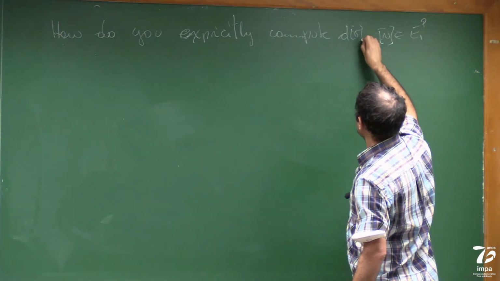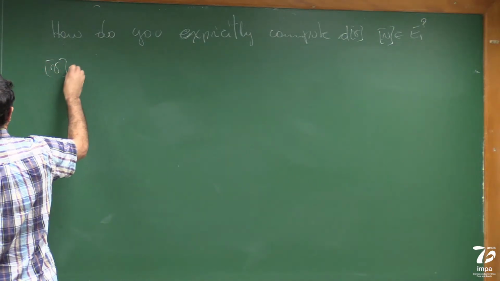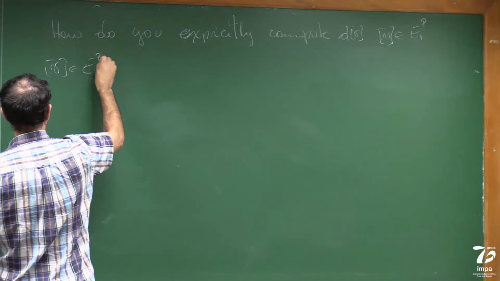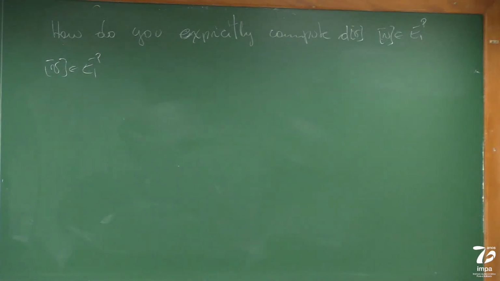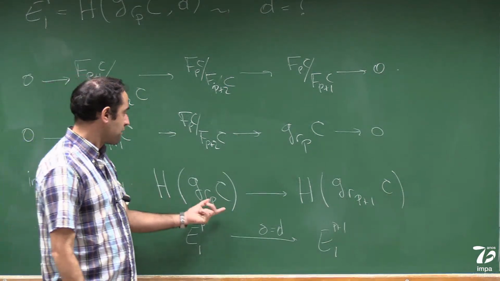So I take v, a class in E^1_p. This is a homology of Gr^p C, so in particular, there's something that represents this.